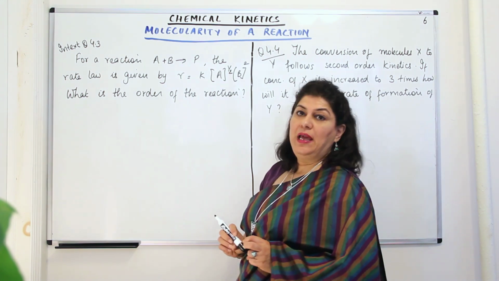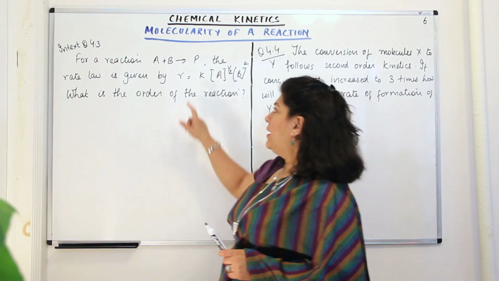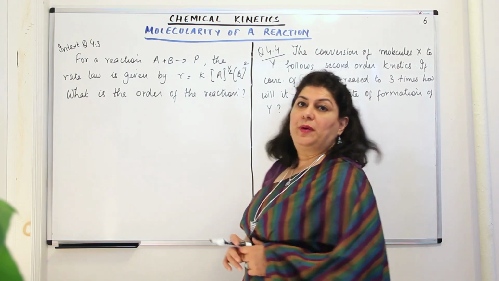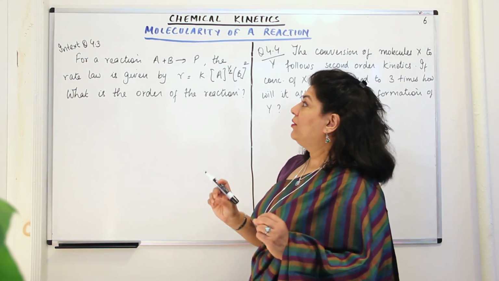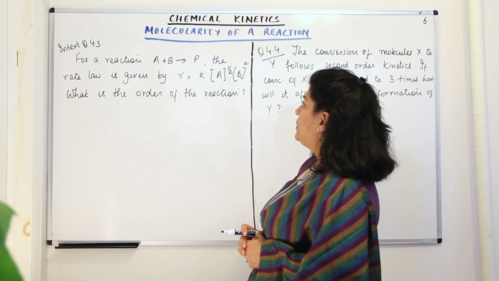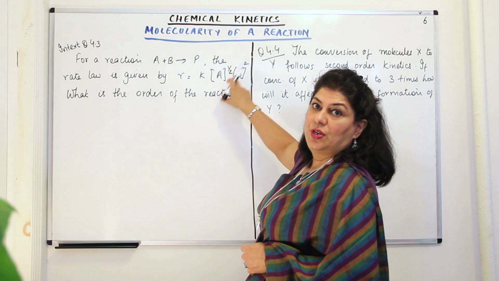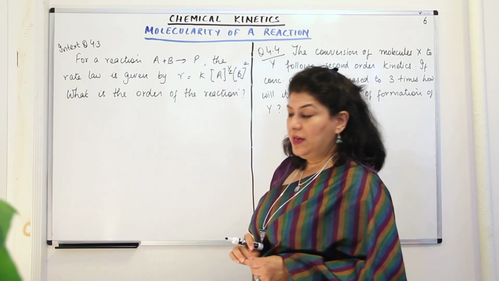For a reaction A plus B to give products, the rate law is given by R is equal to K, A to the power half and B to the power 2. What is the order of the reaction? You have to calculate the order. In order to calculate the order, you must only add the powers to which the concentrations of A and B have been raised.